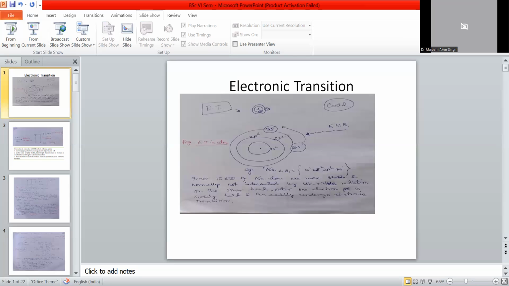HOMO-LUMO. Here, six different types. I just want to repeat one more part.